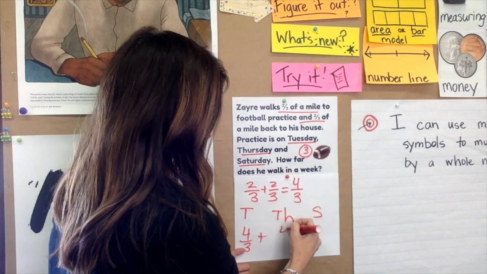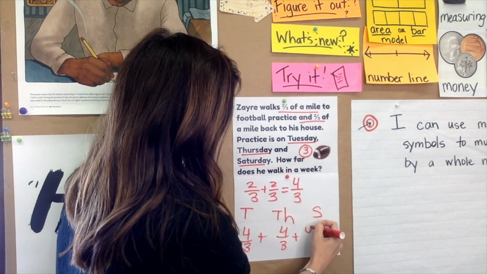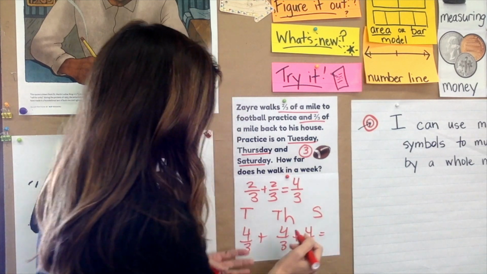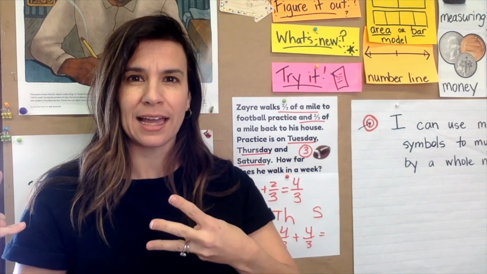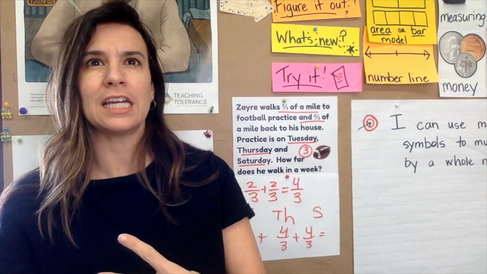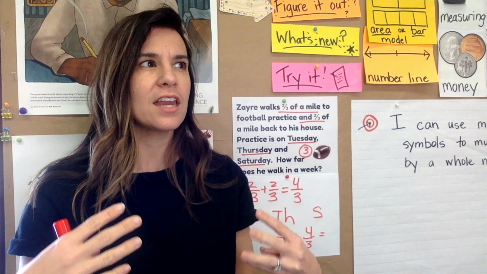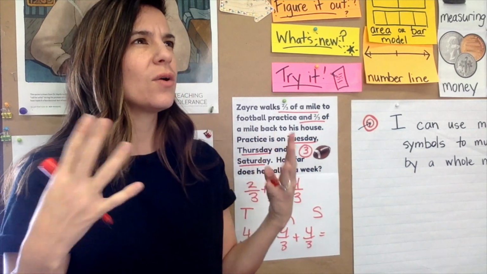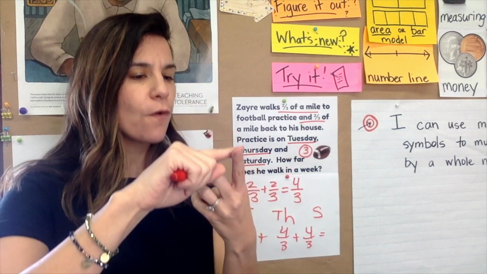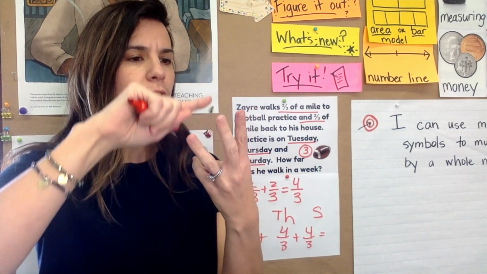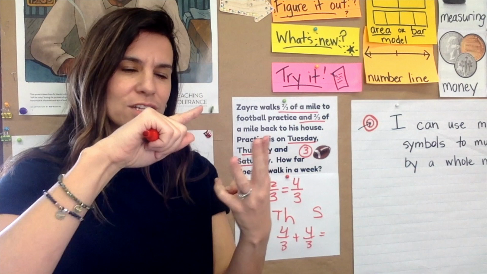4/3 plus 4/3 plus 4/3, and that equals, well, it's 4 3 times, and 4 times 3 is 12, but it's not whole numbers. It's fractions, so 4/3 3 times: 4, 8, 12.